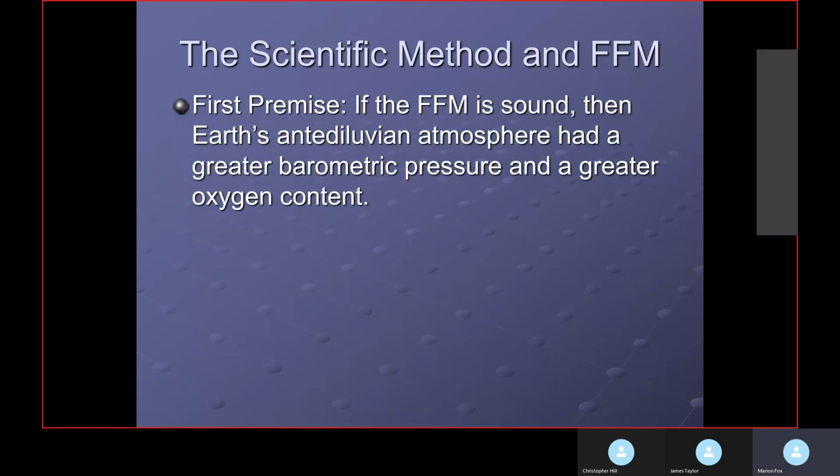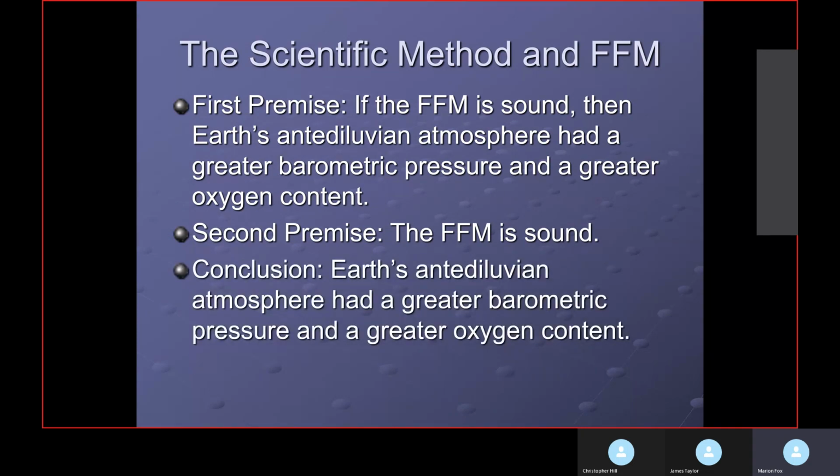If the Fox flood model is sound, then Earth's antediluvian atmosphere had a greater barometric pressure and a greater oxygen content. Now, my model is sound, I'm claiming, and the antediluvian atmosphere had a greater barometric pressure or a greater oxygen content. Now, this is true.